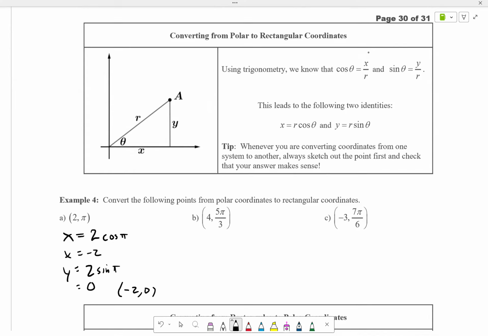Graph it in your head. Isn't it right here? Don't we already know that's -2, 0 in rectangular? You could get there in polar by pointing there and then going 2 in that direction. Or in rectangular, just go -2 on the x-axis and then don't go up or down. It's the same thing.